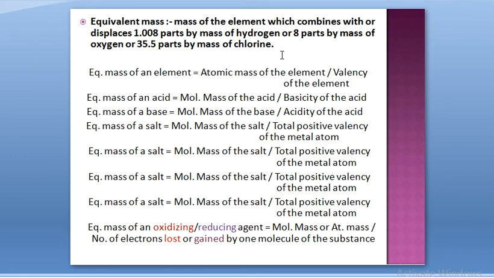We do not have an absolute value कि कितना mass of an element. It is relative. Relative to what? Relative to the scale of hydrogen, relative to the scale of oxygen, relative to the scale of chlorine. आप तीनों में से एक भी कर सकते हो. तीनों जरूरी नहीं करना होता है, लेकिन तीनों हम definition में लिखेंगे.